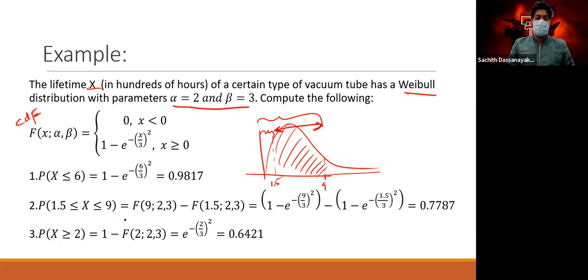That's what they have done here. This is the probability from 0 to 9, which means the probability of X less than or equal to 9 is this one. This is the probability of X less than 1.5. Once you take the difference between these two, you will get the answer.